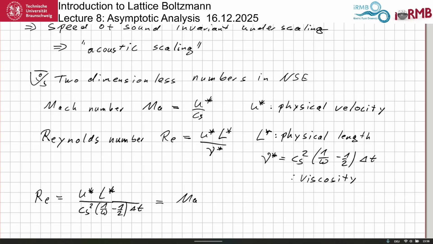We notice that our Mach number is now constant, because the speed of sound is scale invariant, not dependent on our scale. So I replace U and one of the cs by the Mach number, which is why we don't have a square here: Re equals Mach times L divided by cs, times 1 over omega minus 1/2, times delta t.